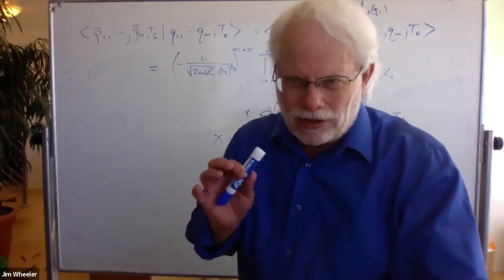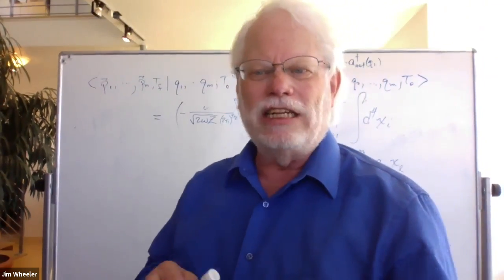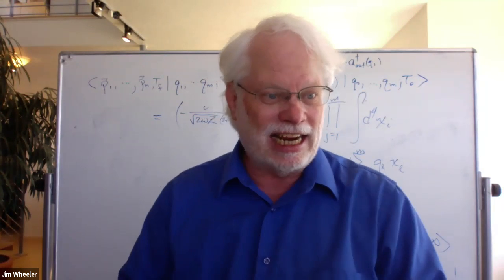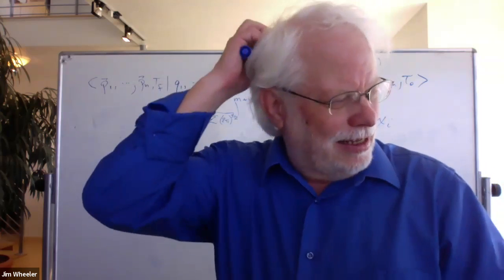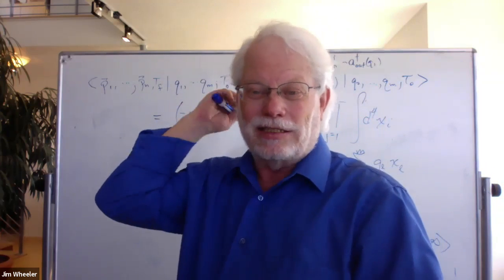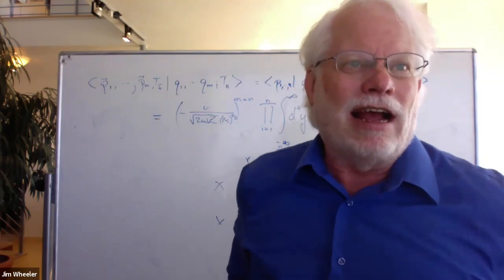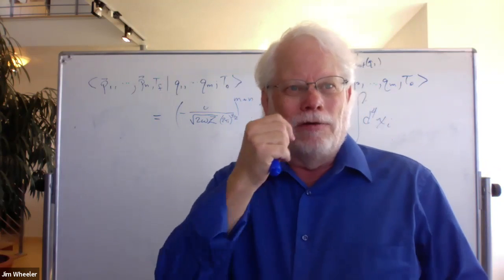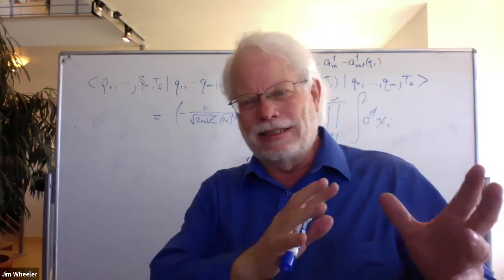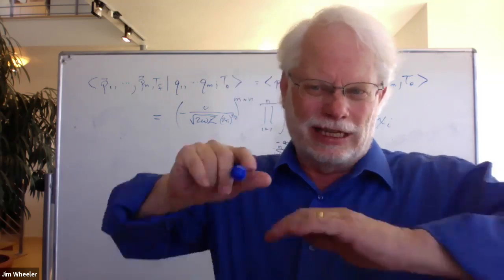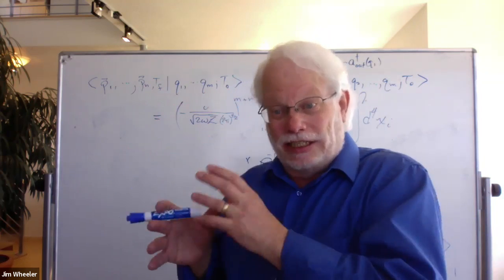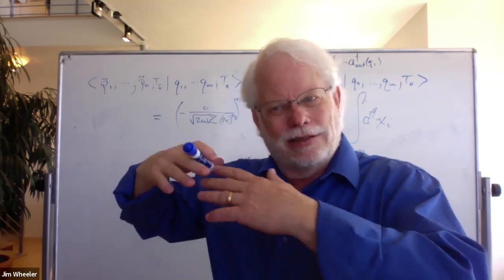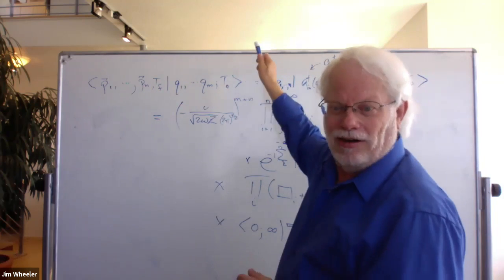Sorry. Well, we're going to fully digest this time dependence next, actually. That's right. We're going to be looking at an interaction picture where the time evolution of fields gets more or less separated from the interaction. So the interaction is only going to happen on the way from here to there, right?